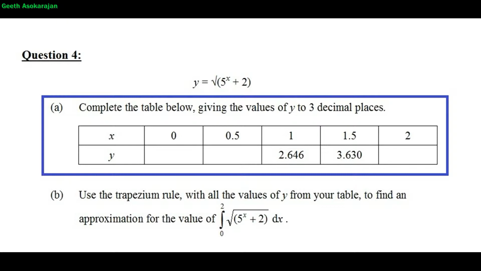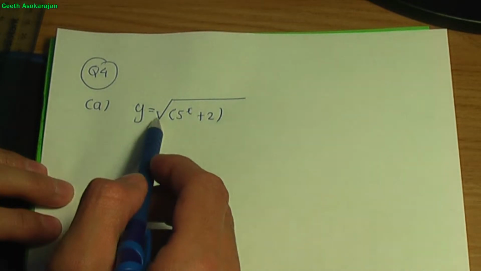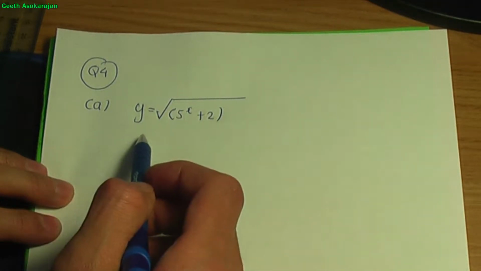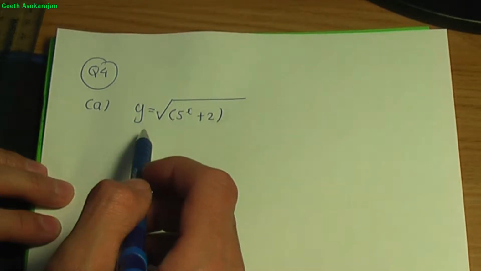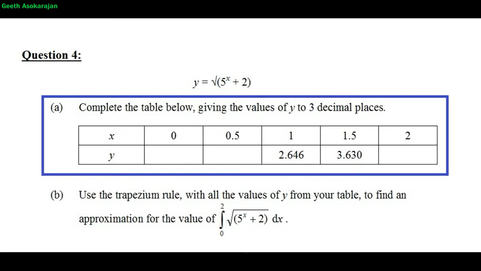So let's go back to the paper and pen. We're given y is the square root of 5 to the power of x plus 2, and we need to work out the values of y to complete the table. The first blank that we need to fill in is the y value for when x equals 0.